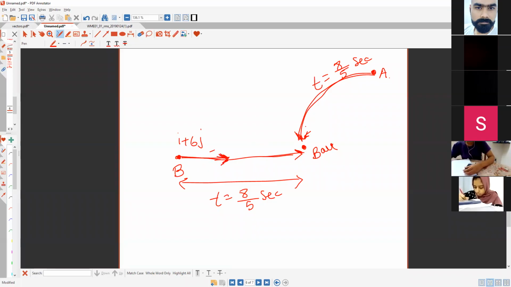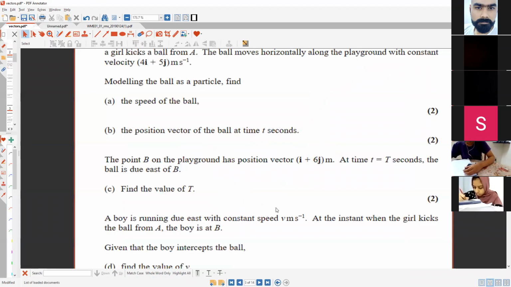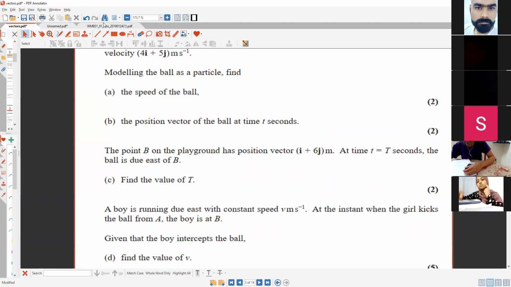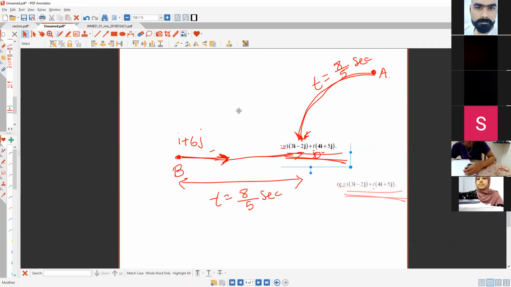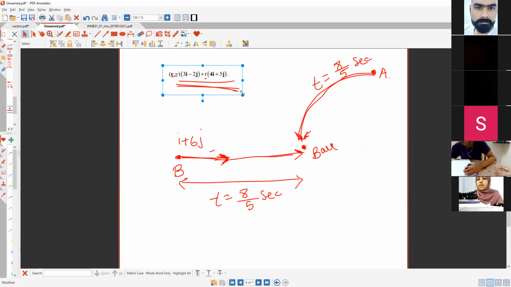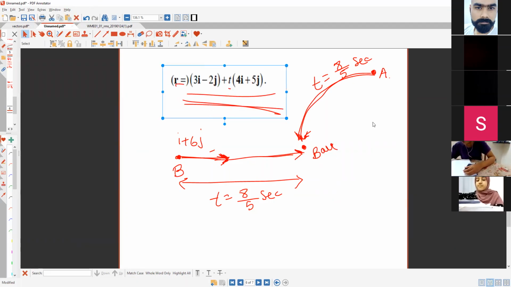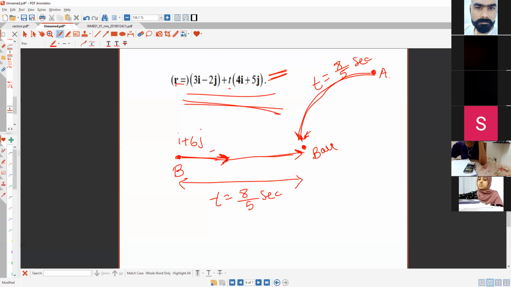Now let us see how much distance was traveled by that boy. What was his initial position vector? i plus 6j. This was the ball's r, where the ball is going to be at 8/5 seconds.